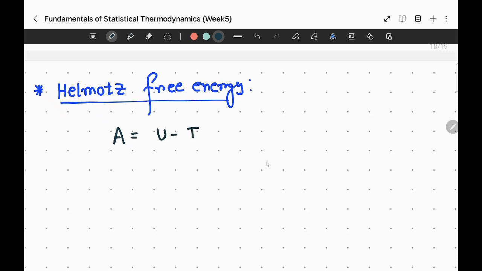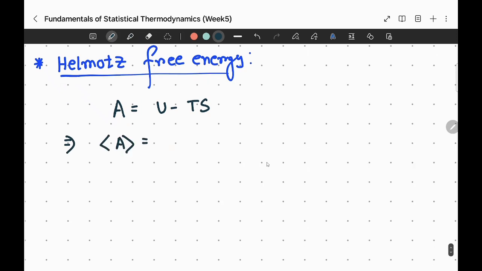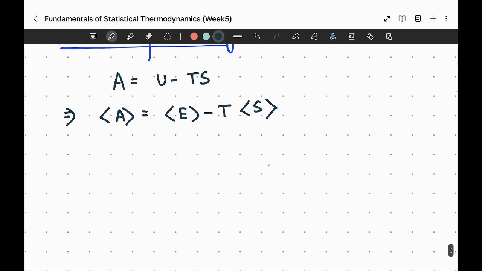U minus TS. So average of A can be written as the average of E minus T times the average of S. Now you can do it straightforward. You know the E average, you know the S average. Just put it. This distinguishable, indistinguishable part will come if you consider the molecular partition function. Otherwise, it's correct.